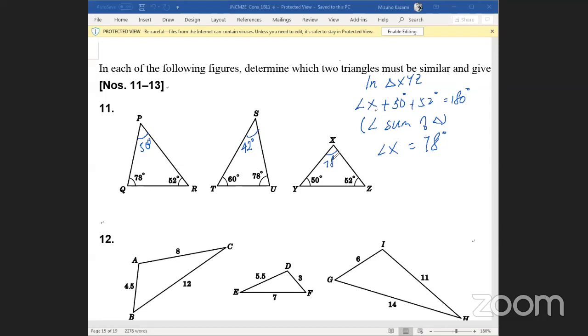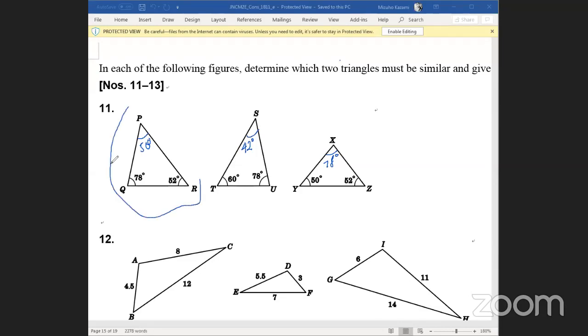Now after you have found the missing angles, you can look at these three triangles again. Then you should be able to tell which two are similar, right? After you have looked at the diagram carefully, you should know that the two similar triangles should be these two.